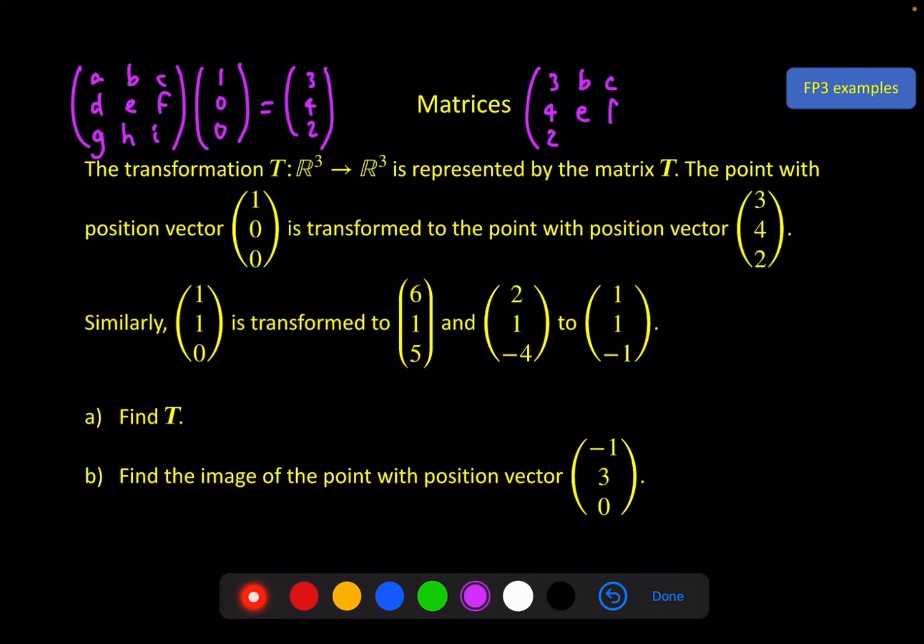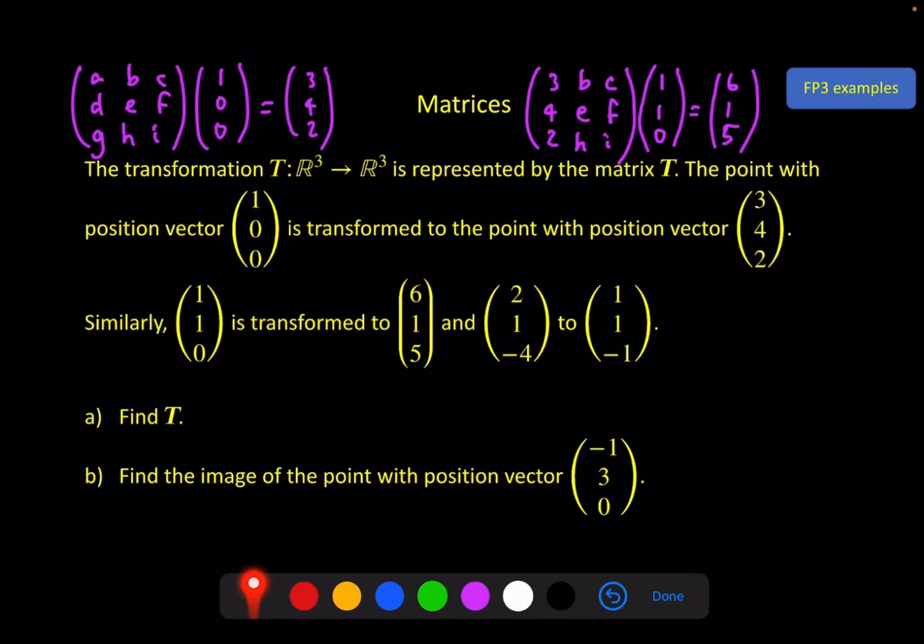B, C, E, F, H, I, and I can apply this slightly more known transformation to this one, which has a 0 down here. 1, 1, 0, and I know that transforms to 6, 1, 5. And I'm going to do the same thing again, because now we've got our first column. This is going to help us get the second column, because this 0 here means each of these is going to disappear.